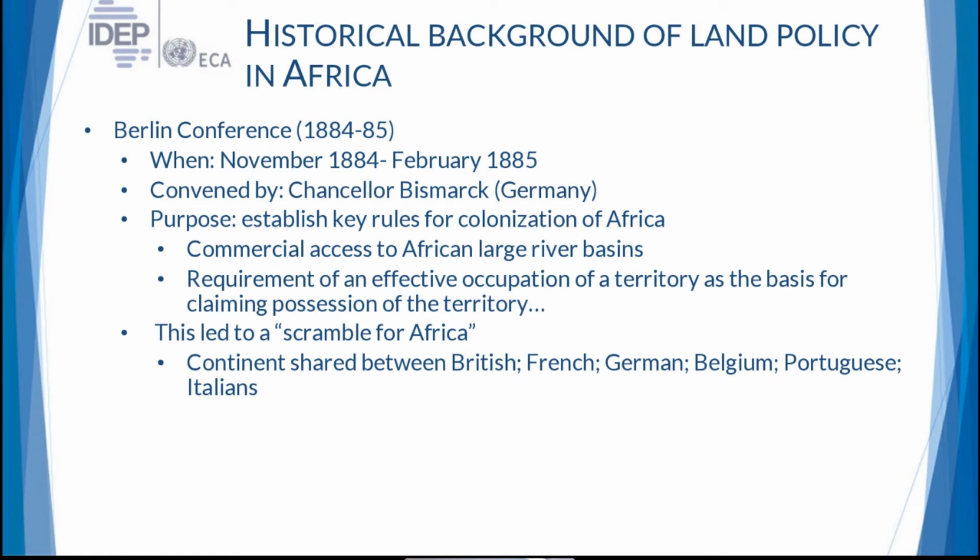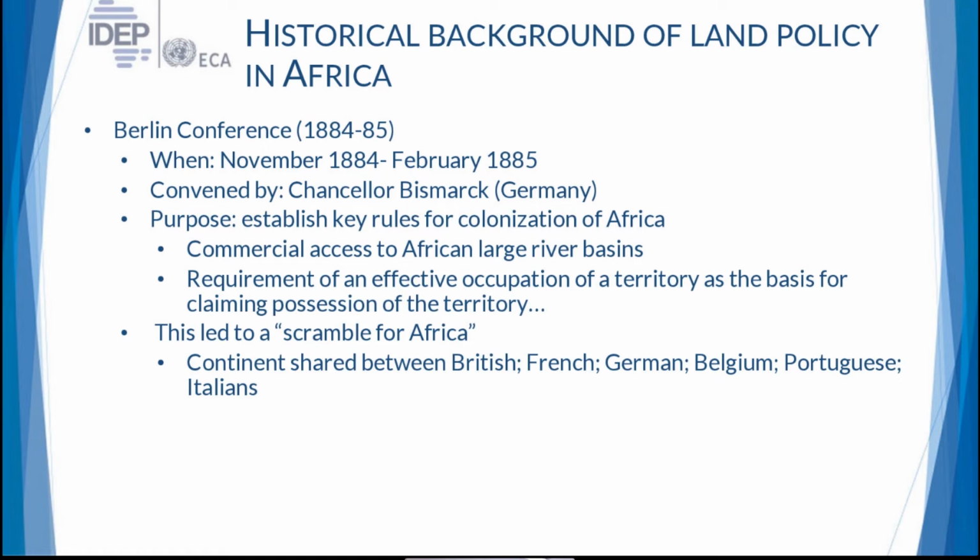One very important event is the Berlin Conference. The Berlin Conference took place from November 1884 to February 1885. It was convened by Chancellor Bismarck, and the purpose was to establish key rules for colonization of Africa.